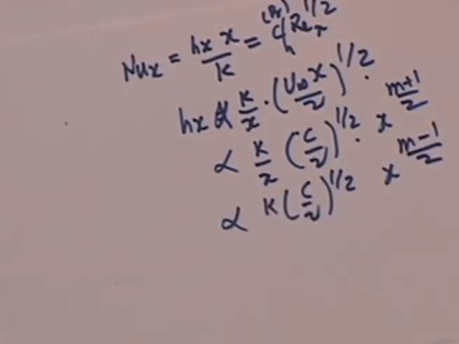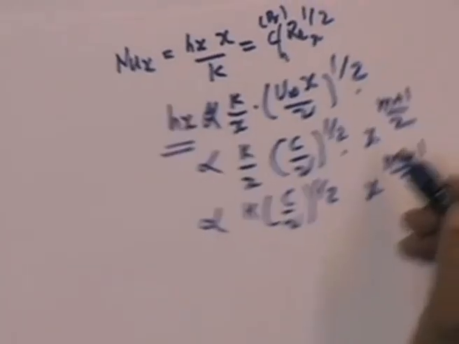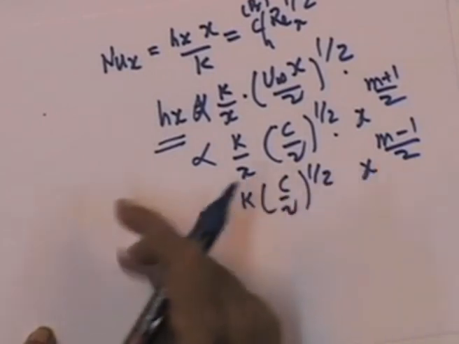So, remember, the pressure gradient has this effect on heat transfer coefficient. If m is equal to 0, h x will simply decrease with x.